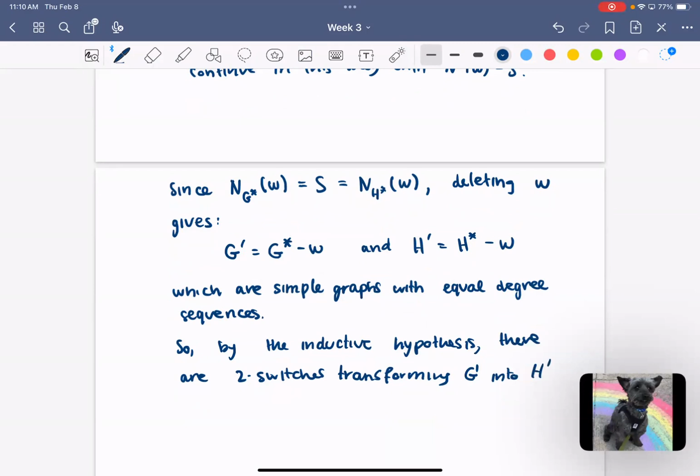And that same sequence will work to transform G star into H star.